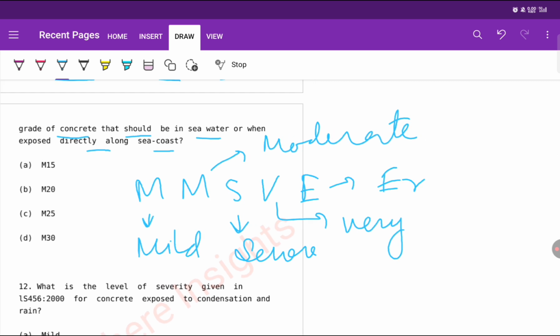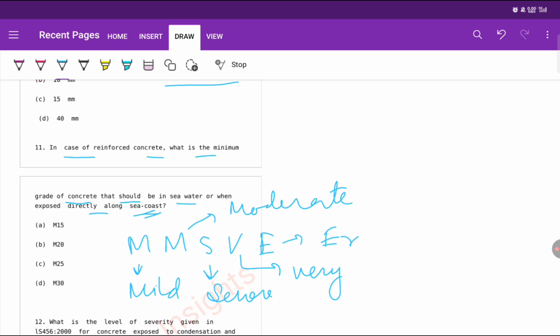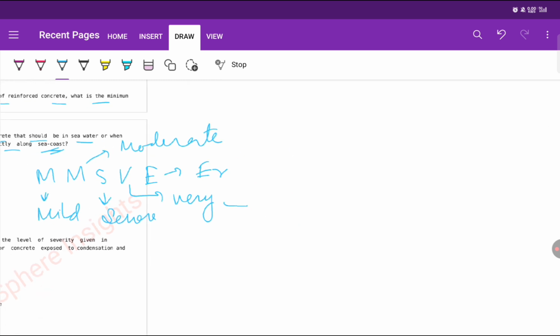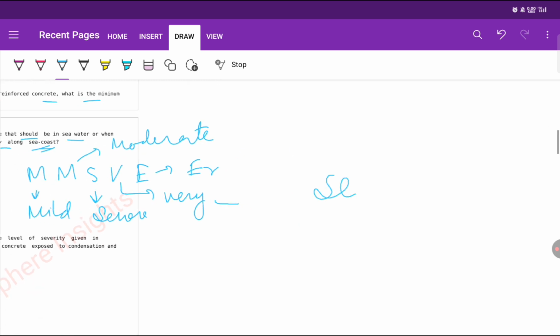So very severe means our structure is under sea water or sea coast exposure. That exposure will be called very severe. So in very severe condition, the minimum grade of concrete will be M30. Very severe condition, first of all, is exposure to sea water.